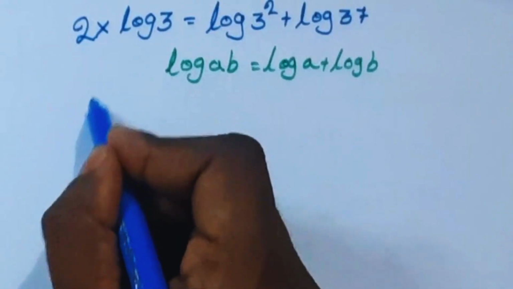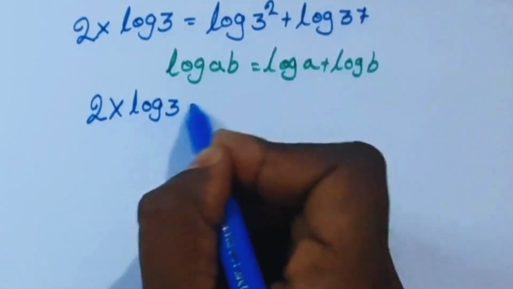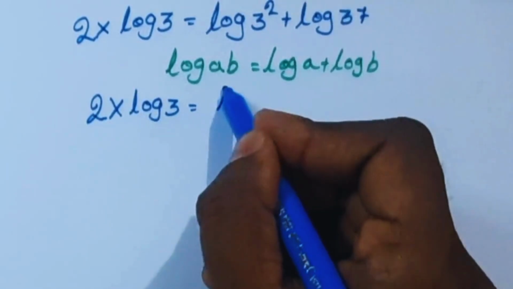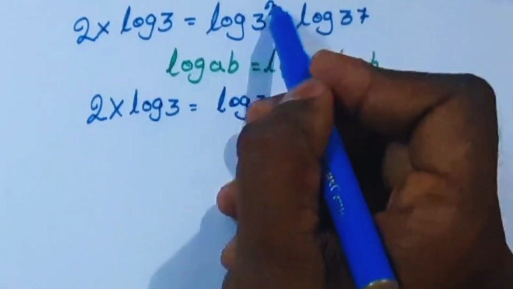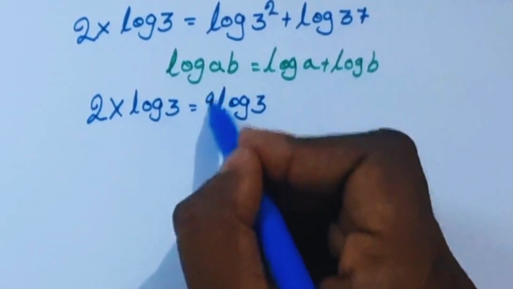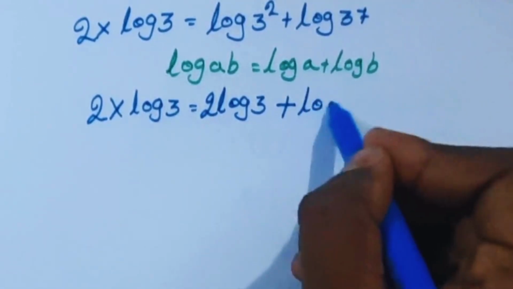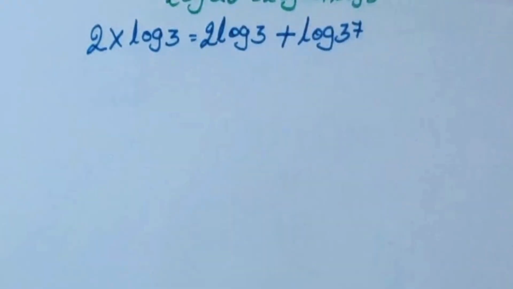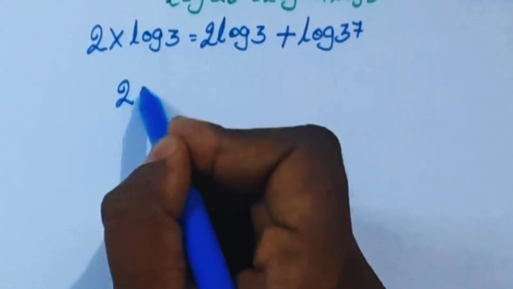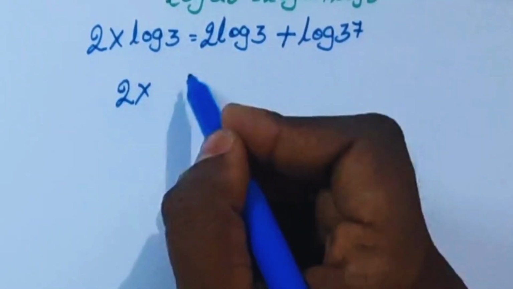We'll get 2x log 3 equal to log 3. This 2 comes here according to the log power formula. So plus log 37. Now this log 3 goes to the right hand side.